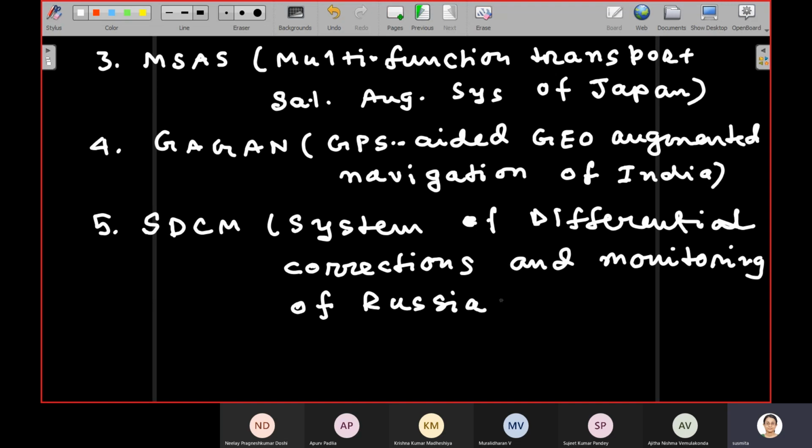Now this one actually augments both GPS and GLONASS. The previous four systems augment only GPS.